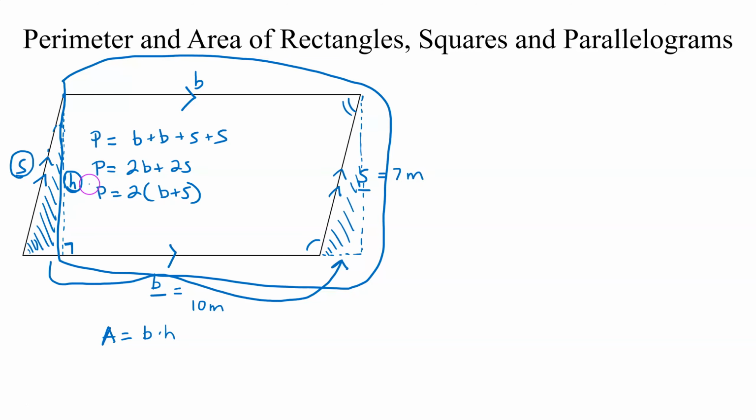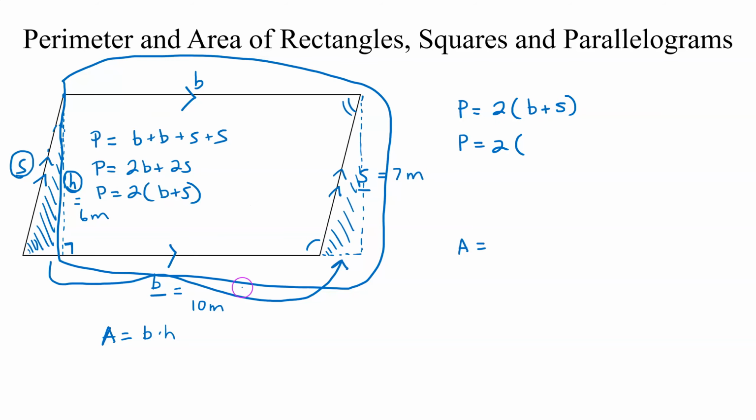And let's give it a height of 6 meters. Let's figure out both the perimeter and the area of this parallelogram. The perimeter is 2 times, in parentheses, base plus side.